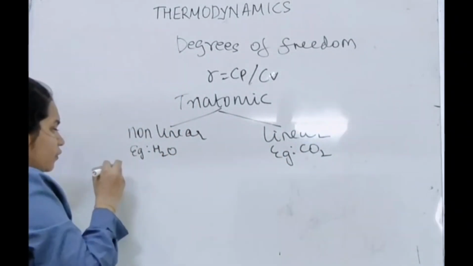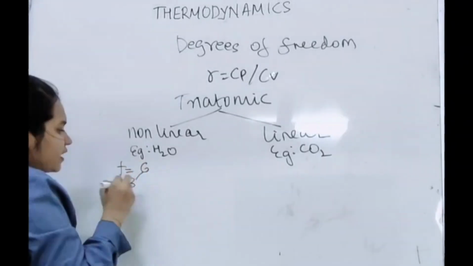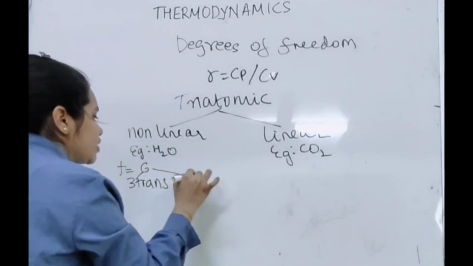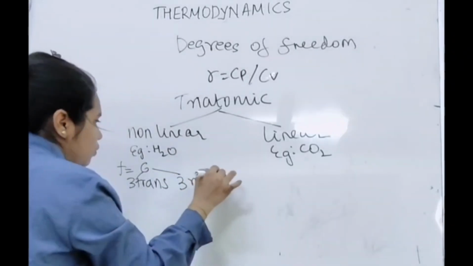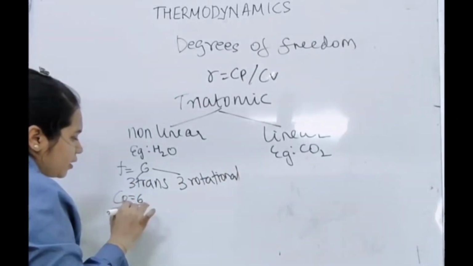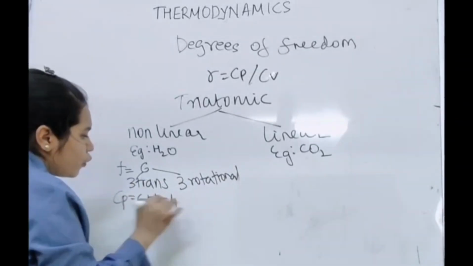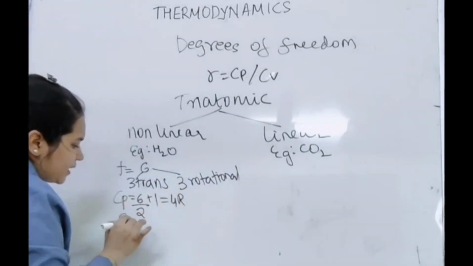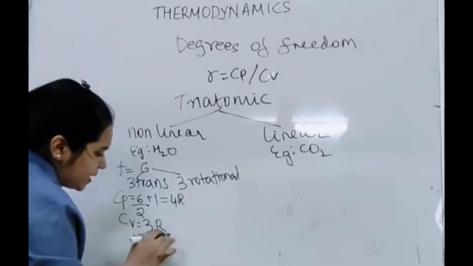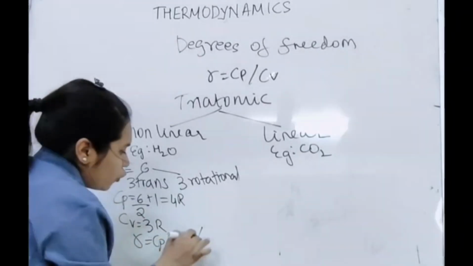We know the degrees of freedom for non-linear is 6: 3 translational and 3 rotational. So total 6. Cp equals (6 by 2 plus 1) R, which is 4 R. Cv is 3R. Cp by Cv is 4 by 3.